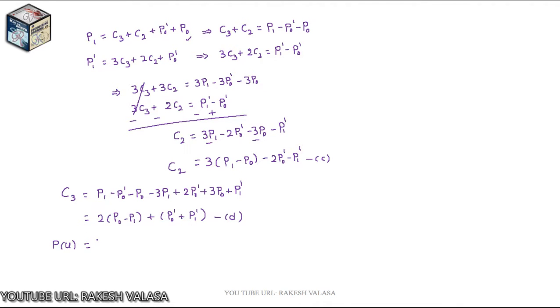That is C3 is 2P0 minus 2P1 plus P0 dash plus P1 dash U cube.